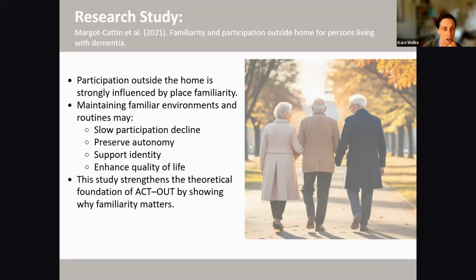How many of you listening tonight or watching by replay are making sure that your people with dementia, or even just older adults, are continuing to get out of the home on a regular basis so that they can preserve all of those different items? If you just want to put yes or no in the chat to see where we're at. It's a huge component, and sometimes we get so focused on what they can do in the home, we forget the importance of them getting out in the community.